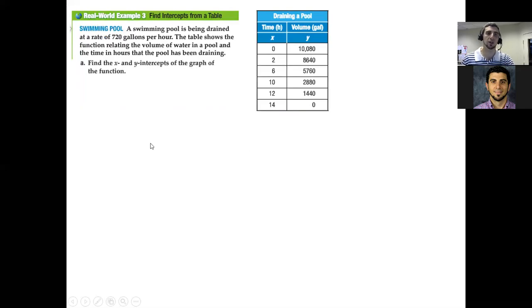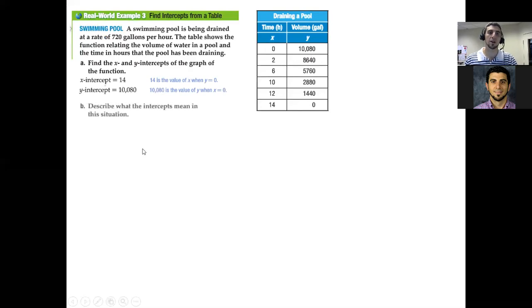Okay, find the x and y intercepts of the graph. Well, the x-intercept would be 14 because that's the value of x when y is 0. And the y-intercept is 10,080, and that's the value of y when x is 0. Remember what I said, all x-intercepts have a y-coordinate of 0, and all y-intercepts have an x-coordinate of 0. So describe what the intercepts mean in this situation.